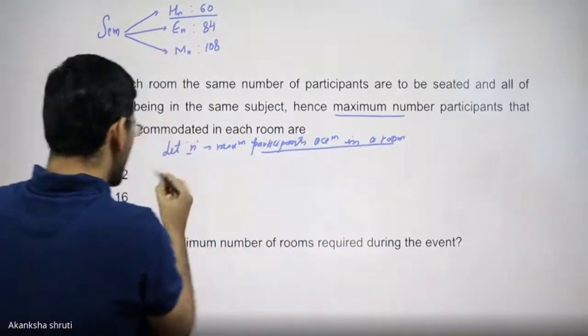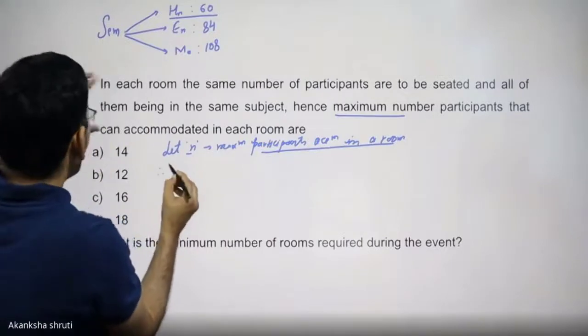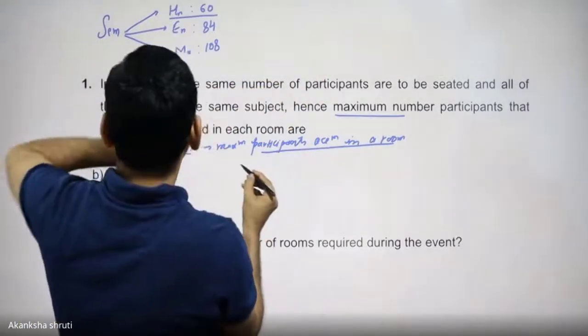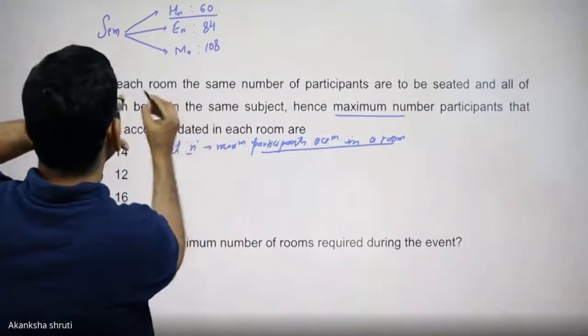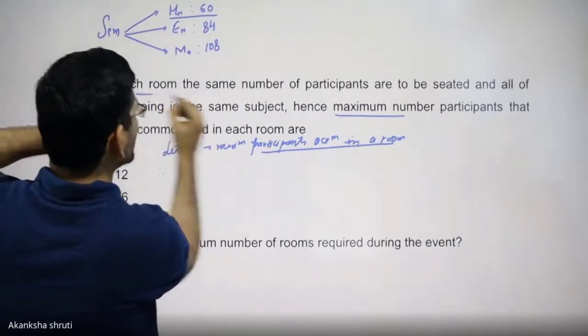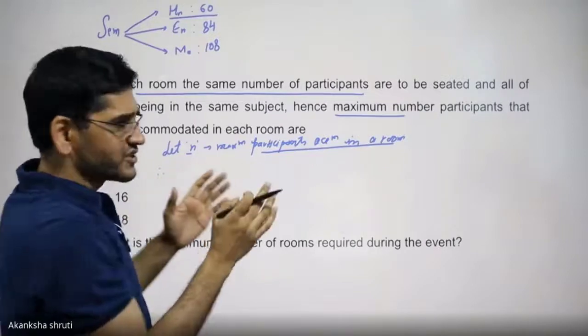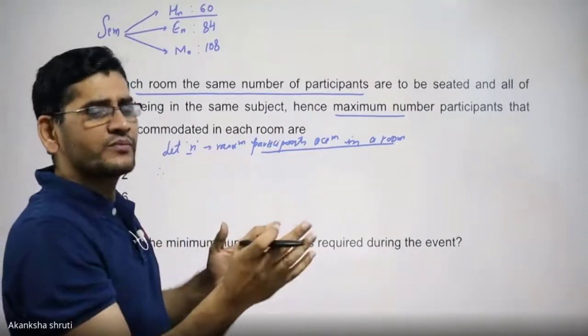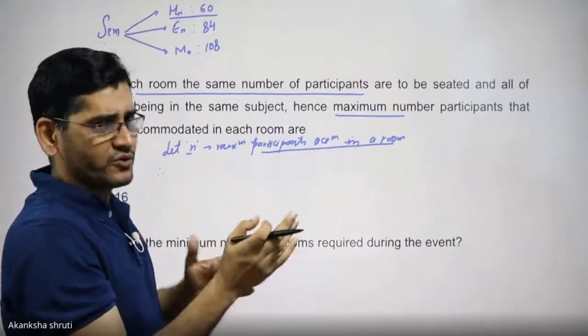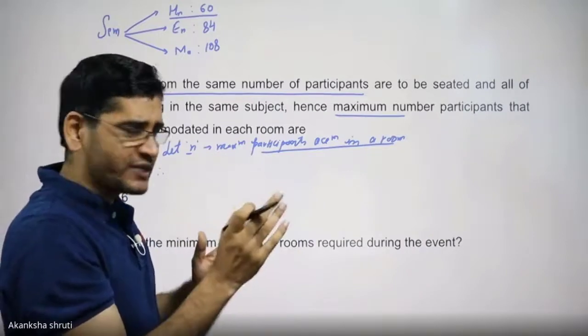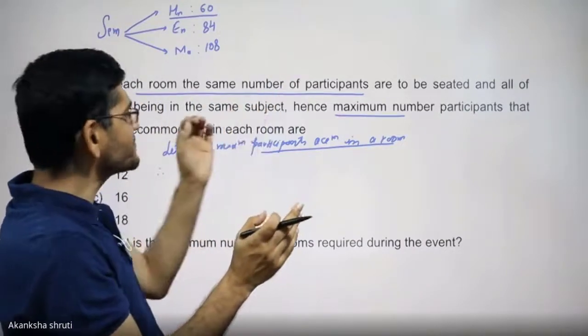So as per this statement, each room has the same number of participants. Whether the participants are sitting in the first room, second room, third room, even if we do not know the number of rooms, in each room the number of participants must be the same.